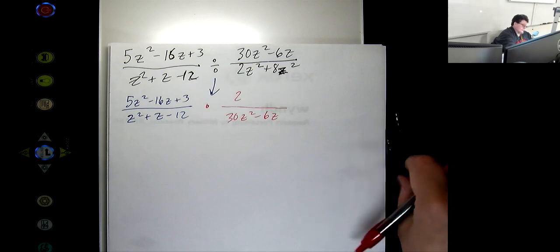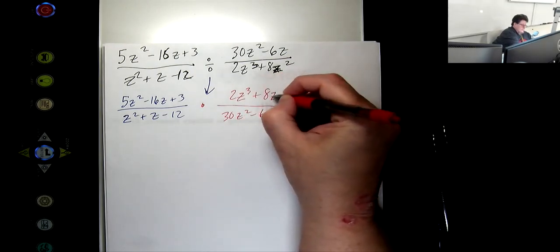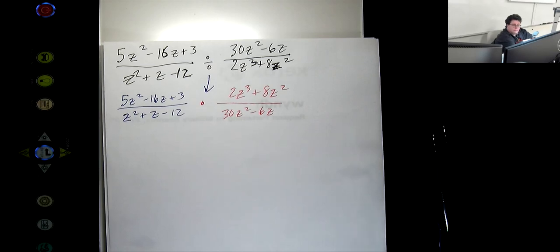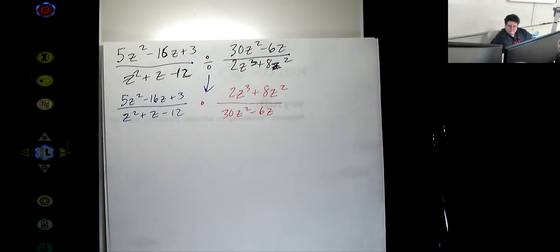I want 2z cubed plus 8z squared. And I'll give you a few minutes to practice factoring it.